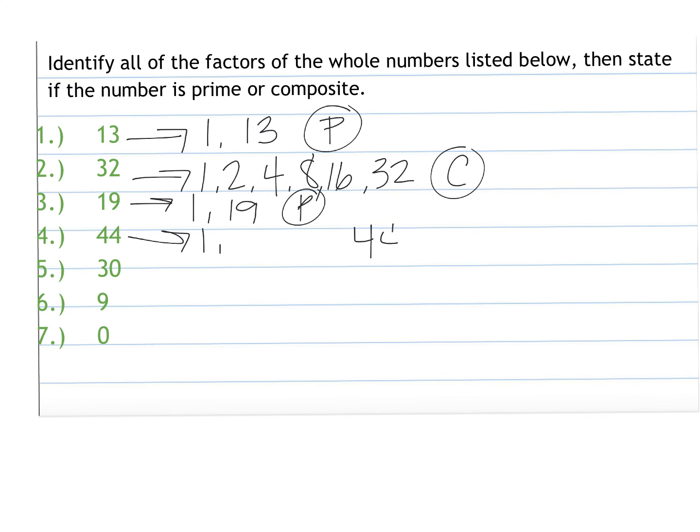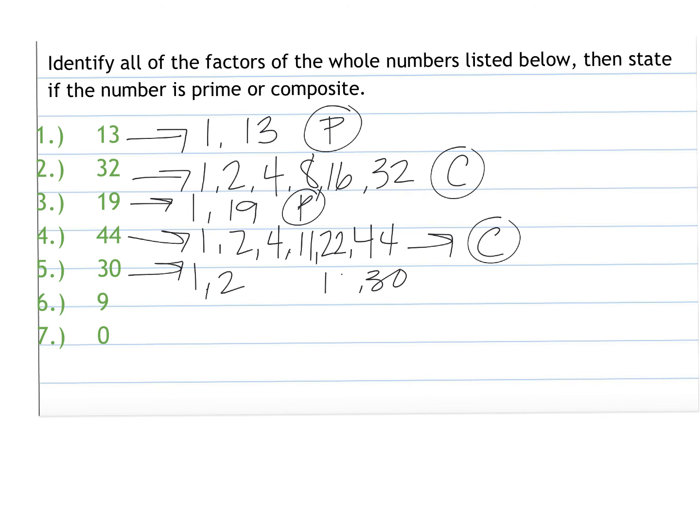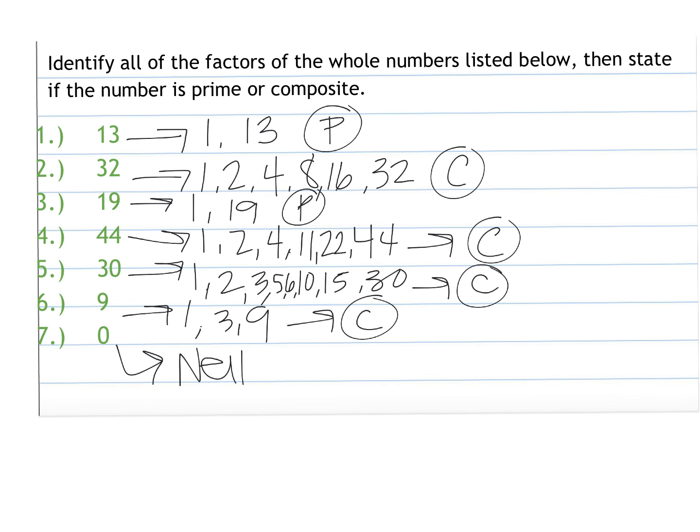44, 1, 44, 2, 22, not 3, and I know 4 and 11, and then that is all we have, so that's way more than 2, so it's composite. 30, I already know is going to be composite because it's even. 1 and 30, 2 and 15, 3 and 10, not 4, but then we have 5 and 6. 9 is 1, 3 and 9, so that's composite. 0, remember, is neither.